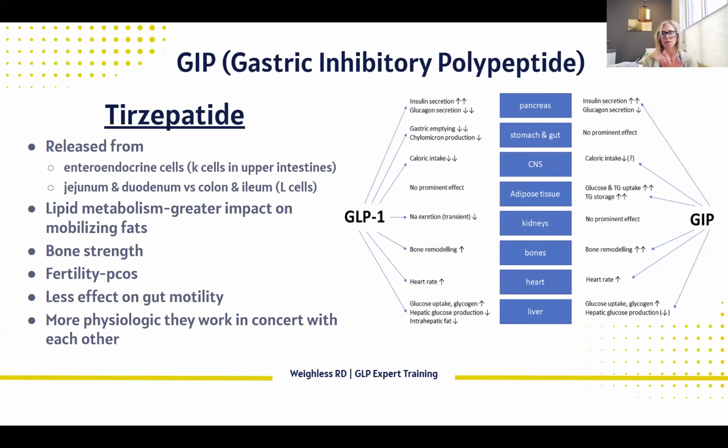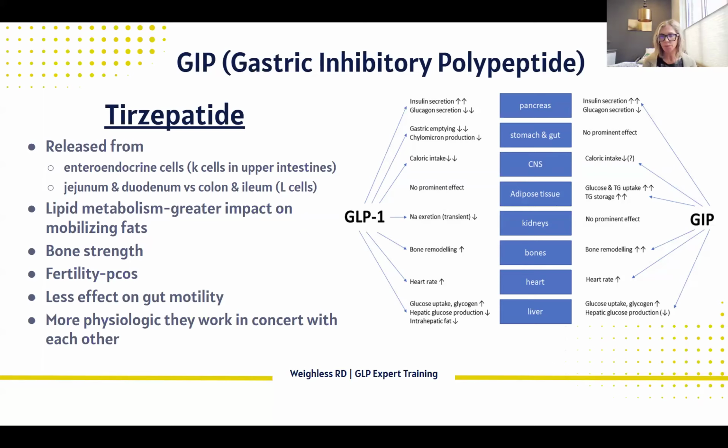So again, it is a little bit more comprehensive with where it's hitting certain receptors in the gut. Tirzepatide has been shown to have a greater impact on mobilizing fats. There is research showing that it improves bone strength. It seems to have a better effect for those who are dealing with PCOS.